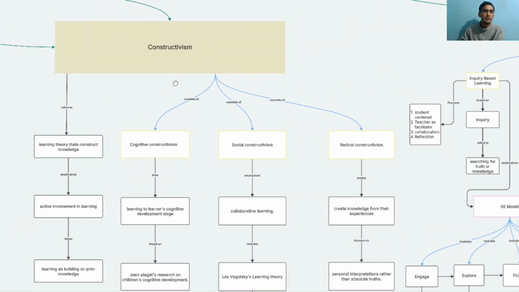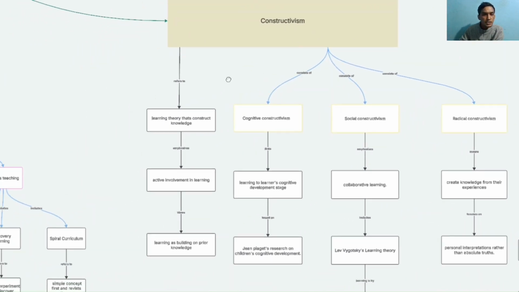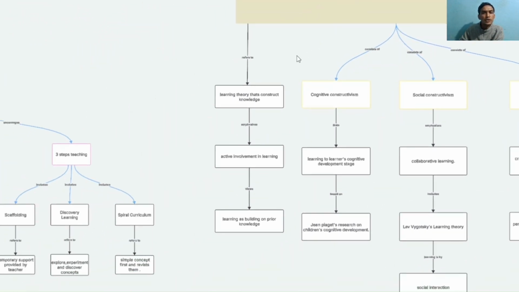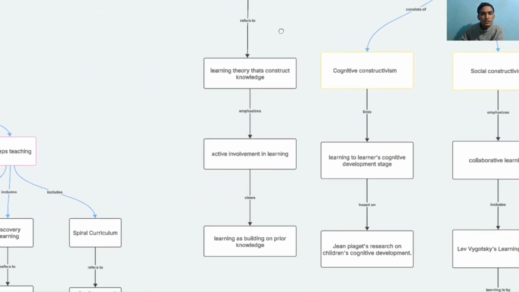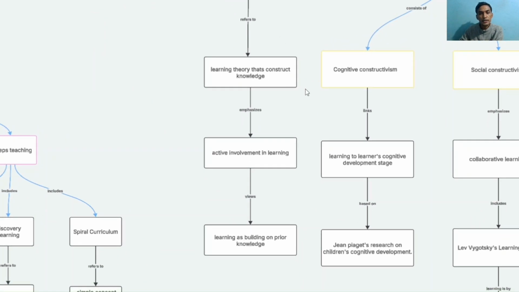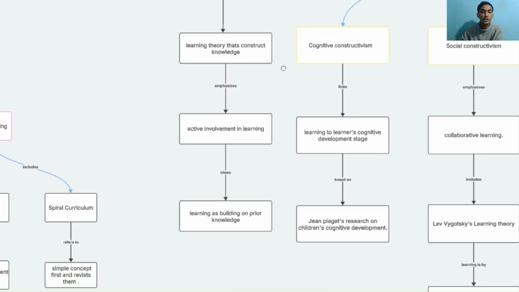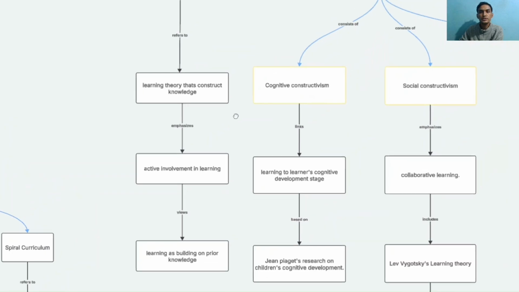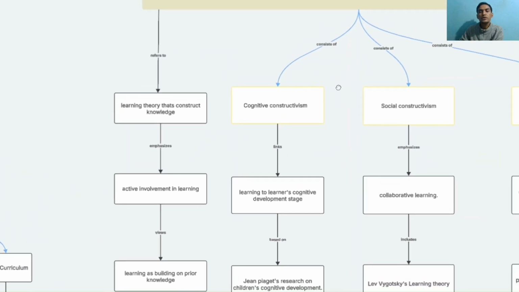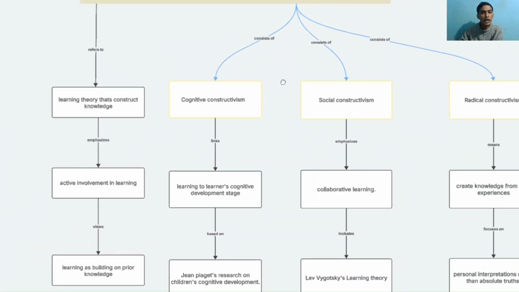And the next topic is constructivism. Constructivism refers to a learning theory that constructs knowledge, emphasizes active involvement in learning, and views learning as building on prior knowledge. Constructivism consists of three types.